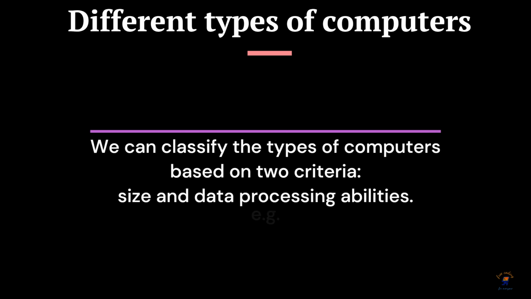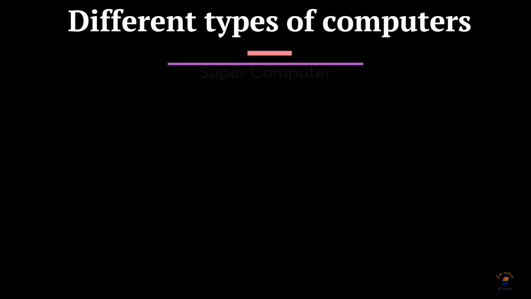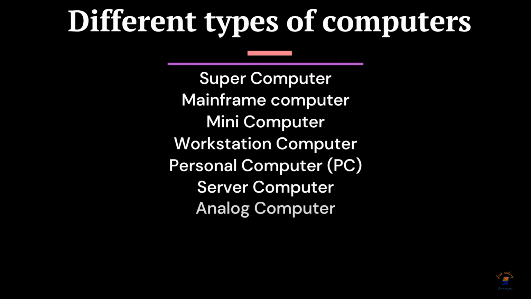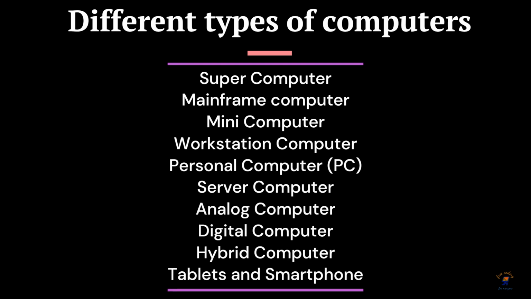We can classify the types of computers based on two criteria: size and data processing abilities. E.g., supercomputer, mainframe computer, mini-computer, workstation computer, personal computer, PC, server computer, analog computer.